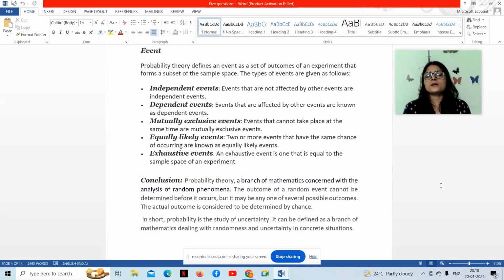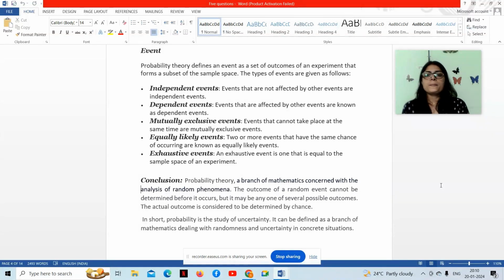So basically, probability theory is about random experiments and the analysis of random phenomena, and the outcome of a random event cannot be determined before it occurs. I'm flipping the coin, but I cannot determine what will come exactly, but I can just make a probability that it might be head or it might be tail.